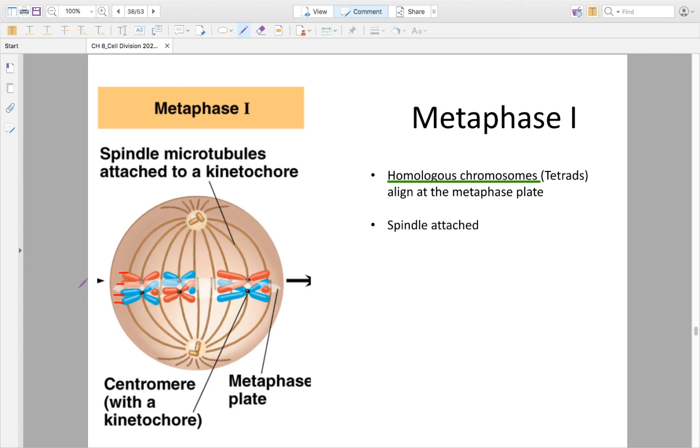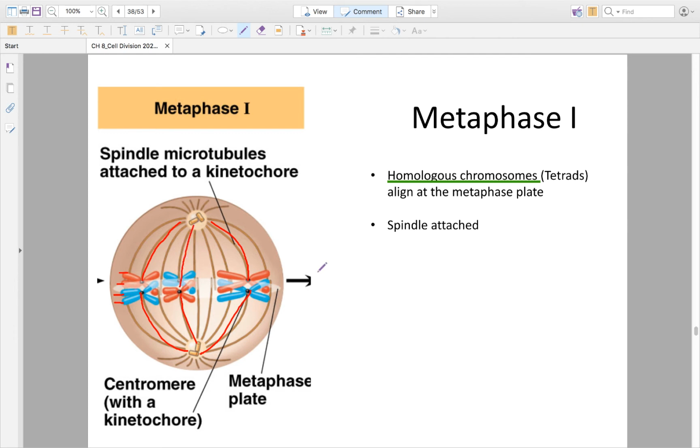However, we need to pull these homologous chromosomes apart. And the first way to do it is by getting them set up at the metaphase plate and by pulling them apart. And of course, that's very easy to do once we have the mitotic spindle attached to the centromere of each sister chromatid set.